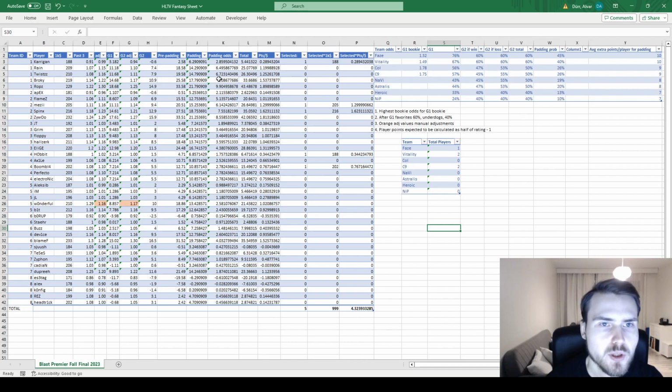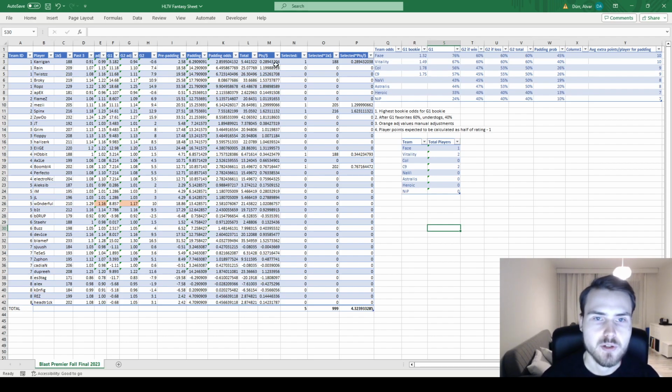Then we have the total points, which is just padding odds plus pre-padding. And this is the total expected points that you get based on these calculations. And then this is, I guess, the important figure, which is how many points you are expected to get based on this calculation per money spent.